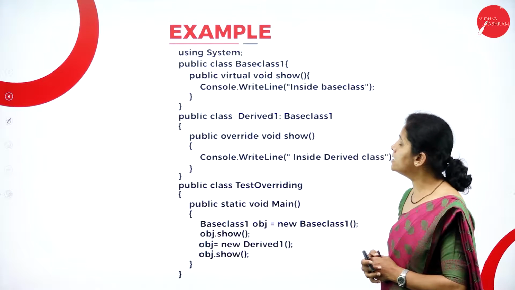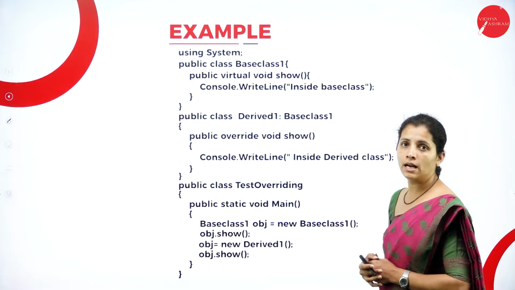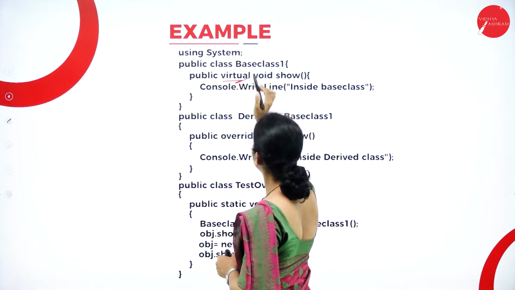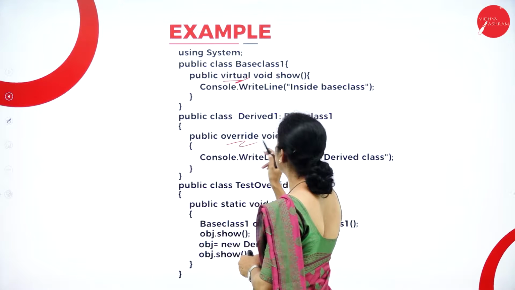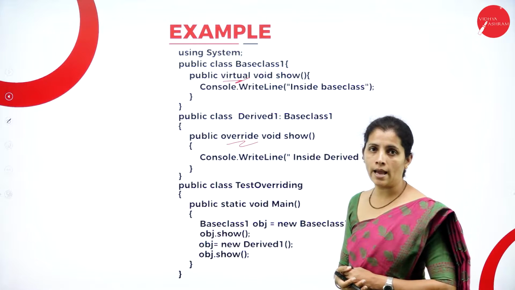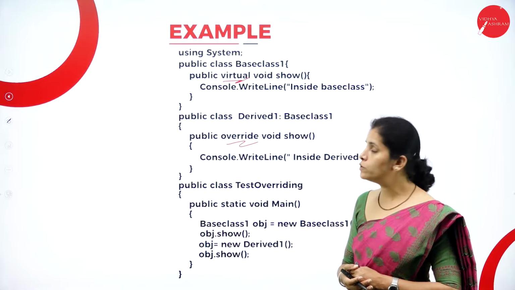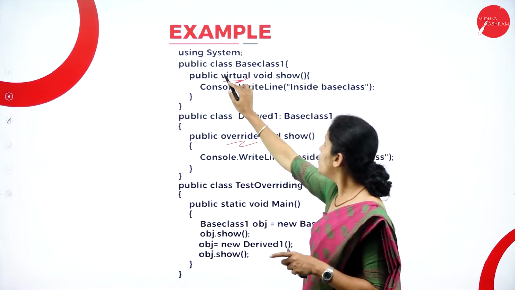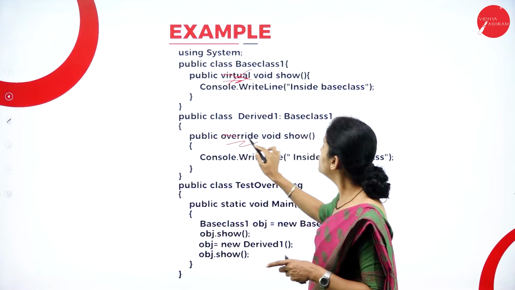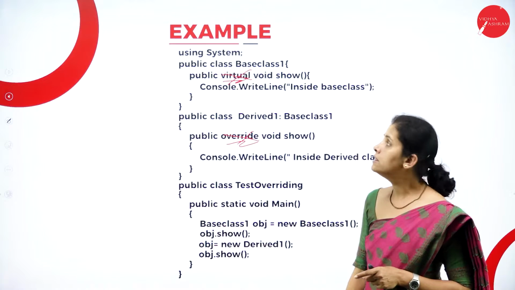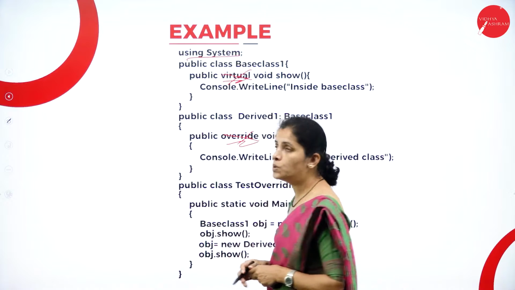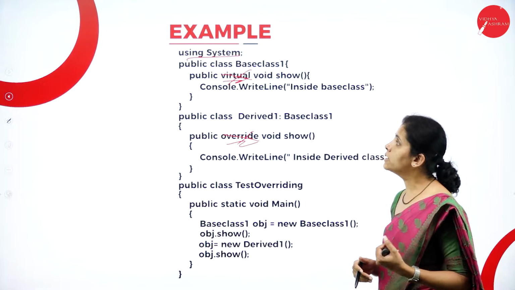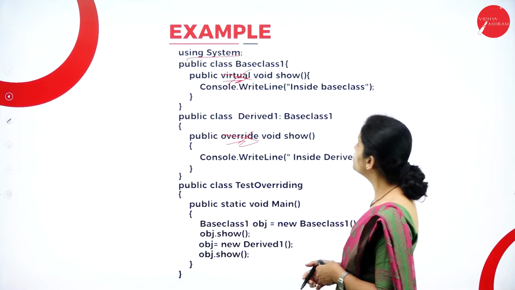Dear student, before that, let me consider this example. Think that I don't have the virtual keyword and override keyword in this program. So at the beginning, what you have to do here is think that you don't have the virtual keyword and override keyword. Now, I'm going to use using System. Under this, I'm going to create my own class, that is BaseClass1.